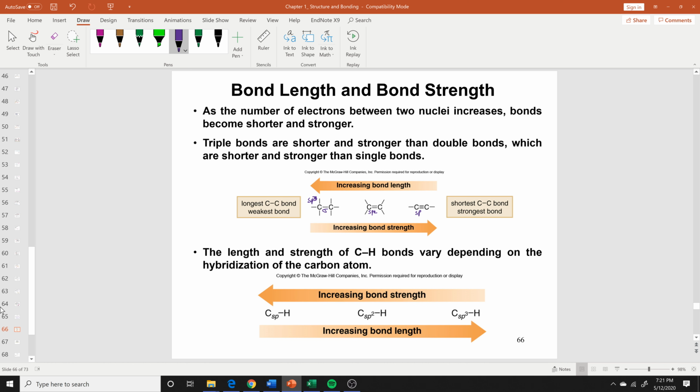So the CC bond, the longer the bond, the less the double bond character in there, and the easier to break. The triple bonds are going to be shorter in length, and they're going to be harder to break. These are the strongest bonds. Longest CC bonds, these are the weakest bonds in there.